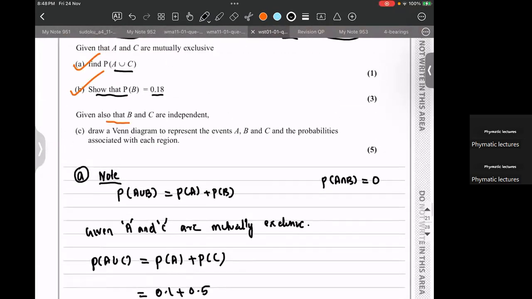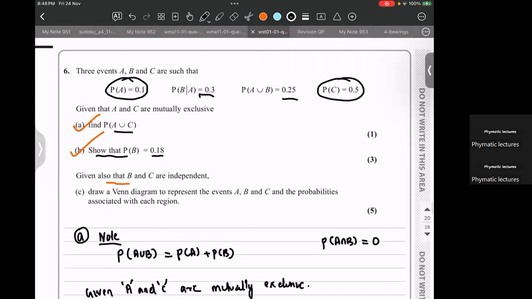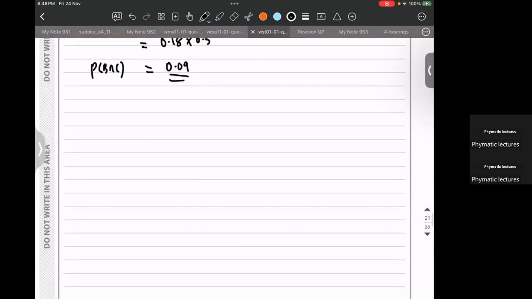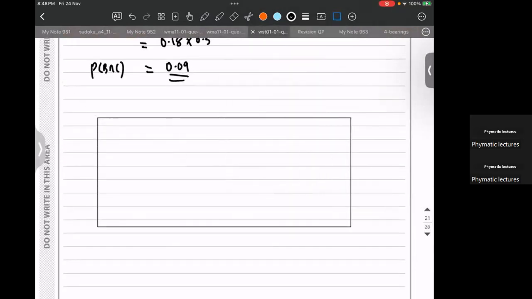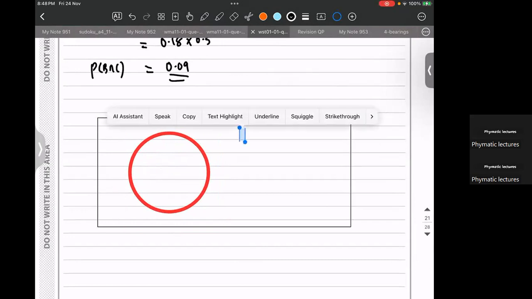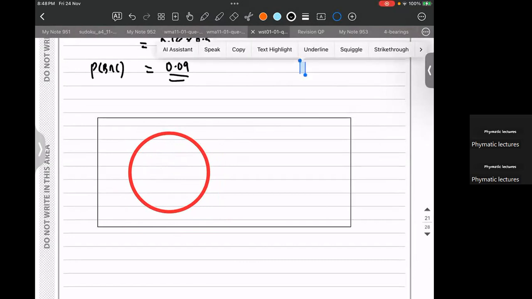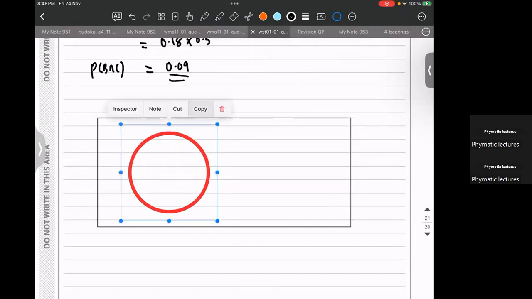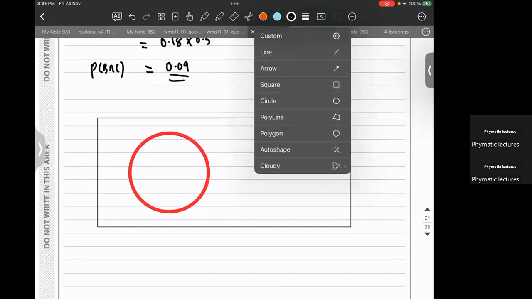Now using all this, we can draw the Venn diagram, because our ultimate aim is to draw a Venn diagram to represent the probabilities associated with this. So we will draw a box that represents the universal set, and we have three subsets, event A, and then we will draw another subsets.